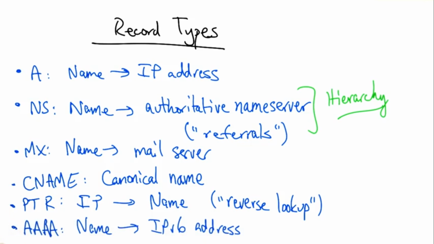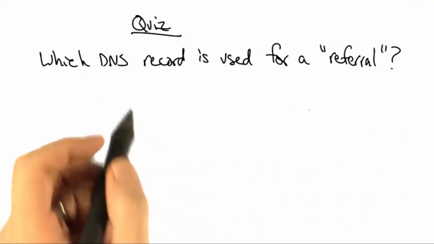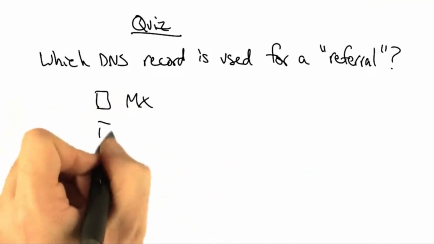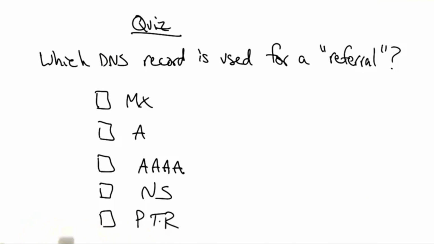Let's take a look at a couple of different examples of domain name lookups using a command line utility called dig. As a quick quiz, which DNS record is used for a referral? Is it the MX record, the A record, the quad A record, the NS record, or the PTR?